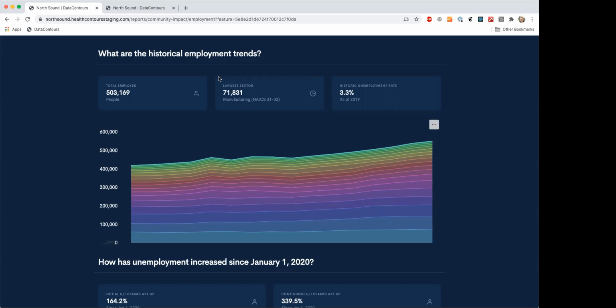The big challenge with the COVID stuff and all of the associated economic impacts is that most of the community data that's publicly available from common sources like ACS or CDC is pretty out of date, especially when it comes to some of the social determinants.